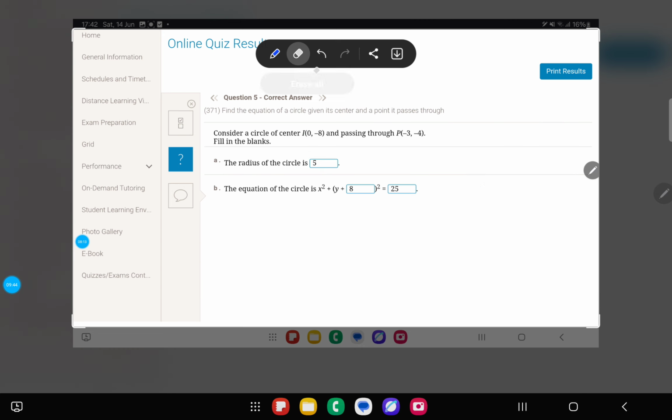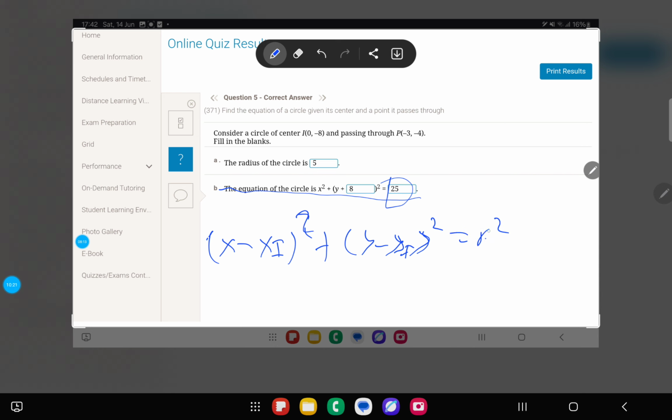Okay, that's it for the first part. Now for the second part. The equation of the circle is x squared plus y plus blank squared equals blank. We already found the radius, so it's just square root of 25. Remember, to find the equation of the circle, we use this rule: x minus xi squared plus y minus yi squared equals r squared. We have r, which is 5. 5 squared is 25, so we got that number down.